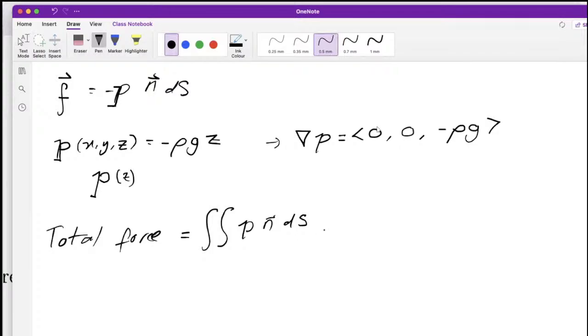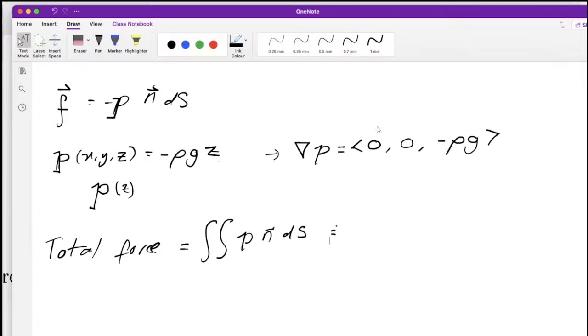As you can see, I'm just going to put this as a complete statement, with p being rho gz. It looks like this now.